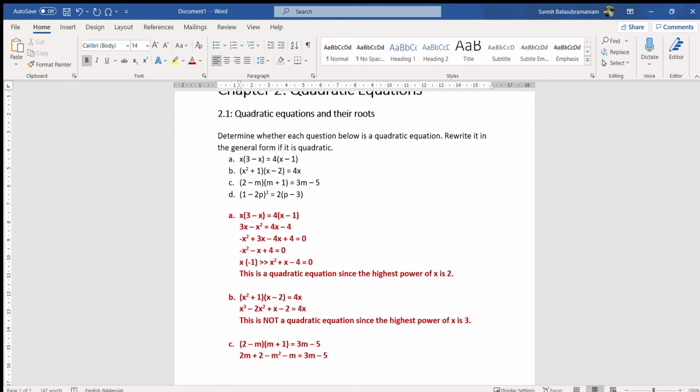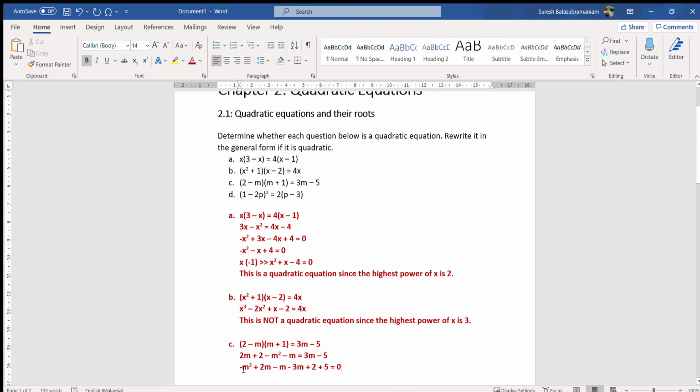So the highest power of m here is square, so I'll get negative m square, followed by 2m minus m minus 3m plus 2 plus 5 equals to 0.